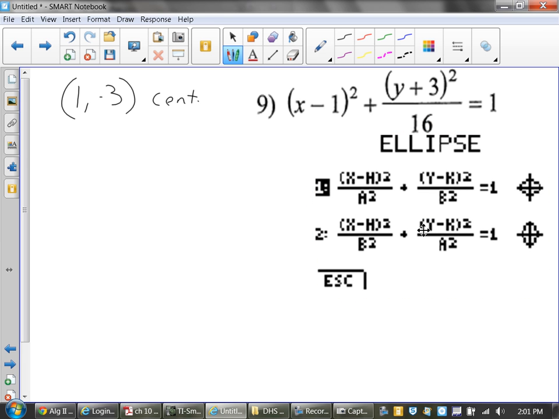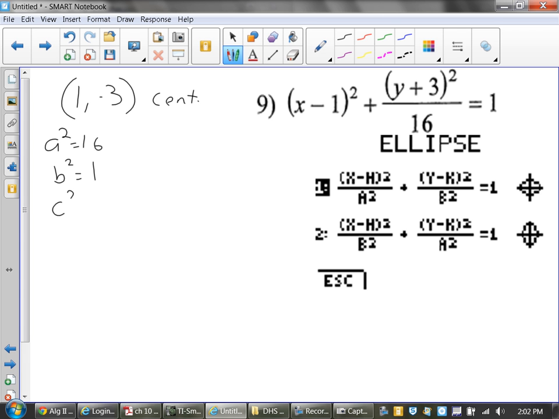When I'm dealing with an ellipse, I have to remember that the a squared term is the larger of the two values. In this case, what is a squared equal to? 16. So I'm going to list out a squared is 16, b squared is 1.